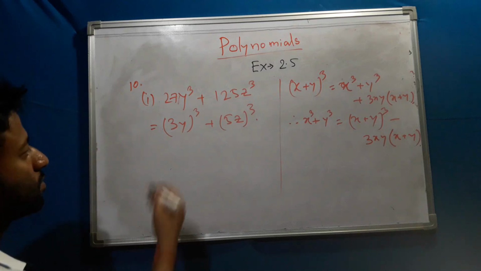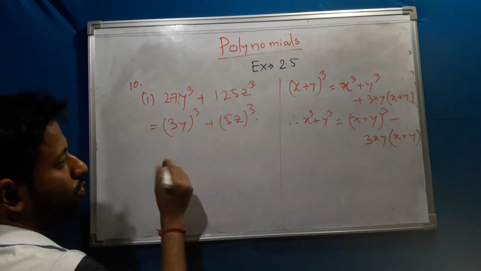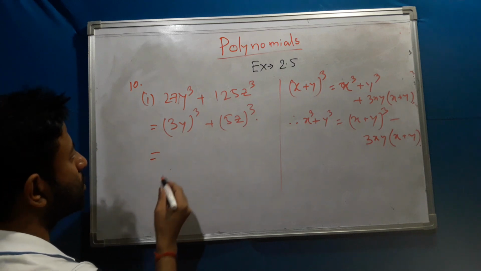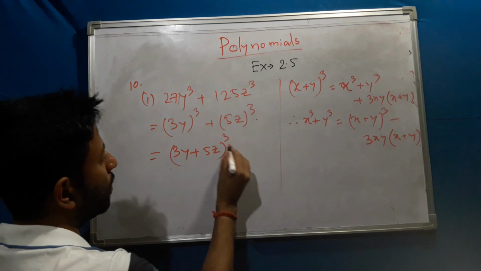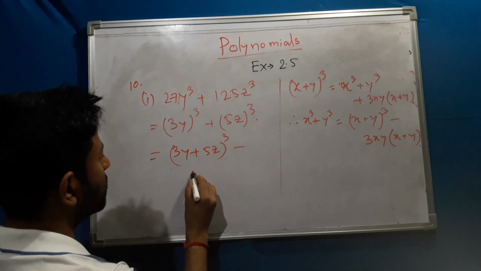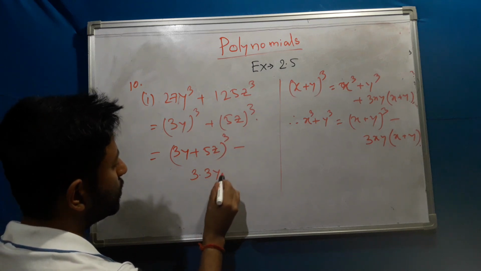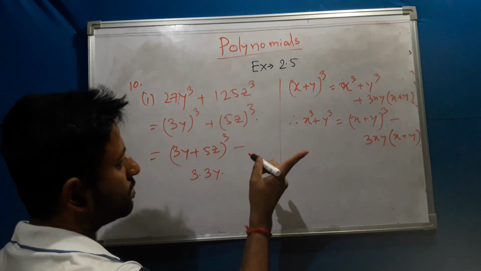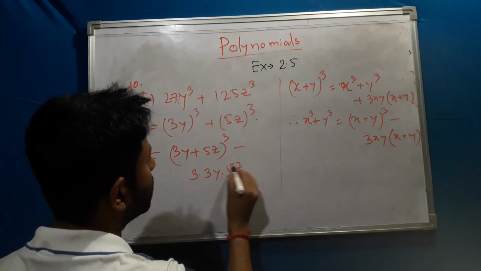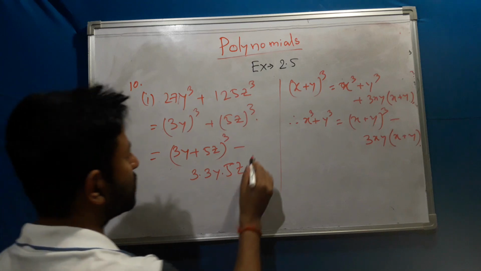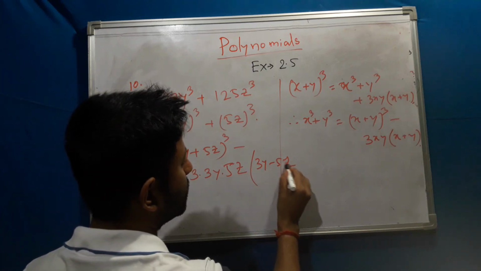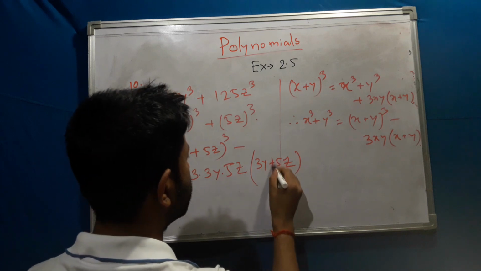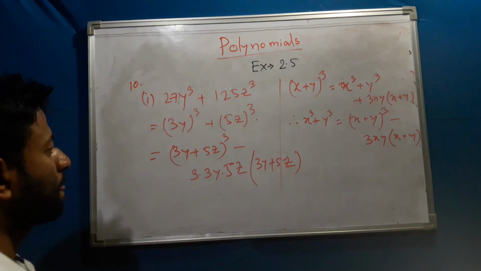So here also this is x cube plus y cube. So what should I write? x plus y whole cube, that means 3y plus 5z whole cube minus 3 into x, that means 3y, into y, that means 5z, into x plus y, that means 3y plus 5z.